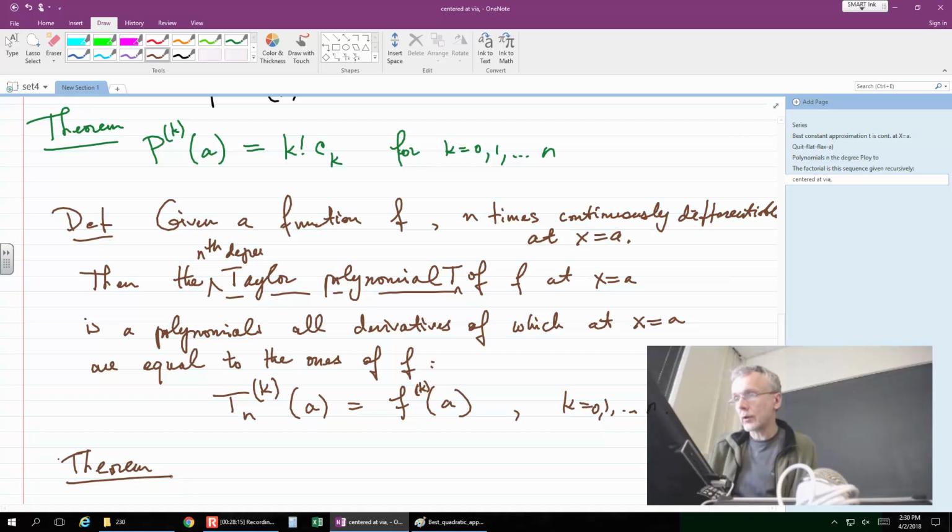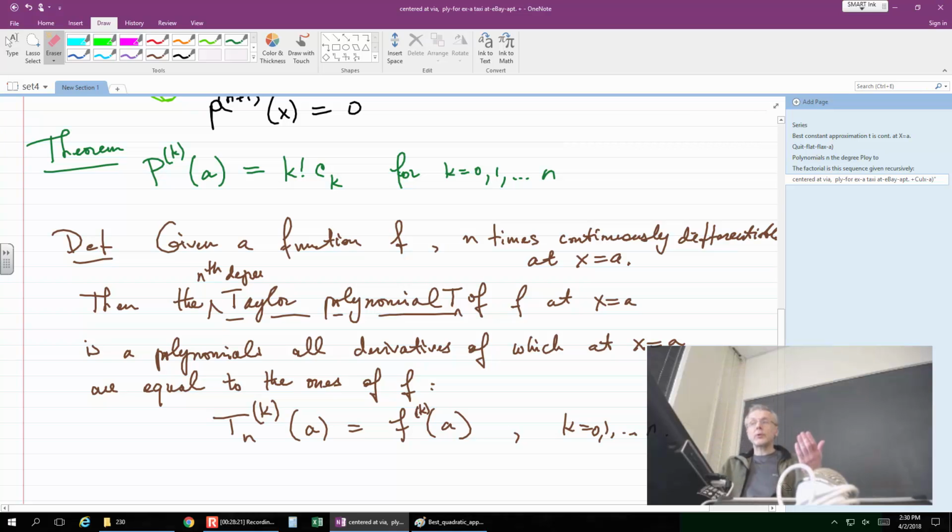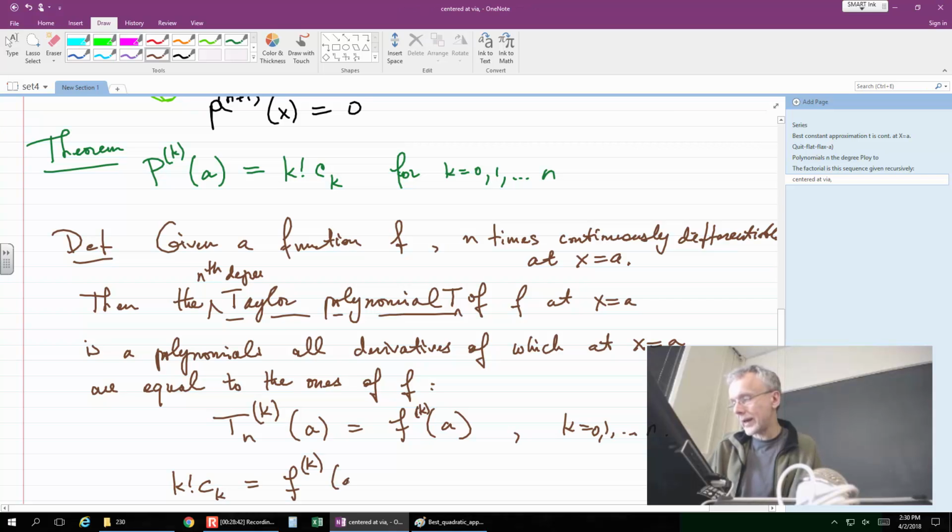Let me derive the conclusion based on the definition and the theorem put together. The Taylor polynomial is a polynomial centered at a to begin with, and its derivative is known in the theorem. So we just write what we've got: k factorial c sub k is equal to f, kth derivative at a.